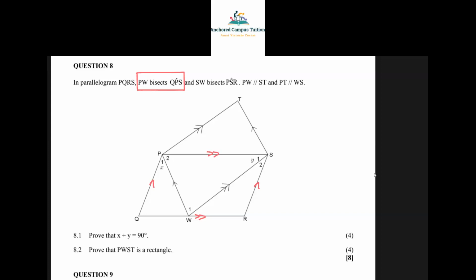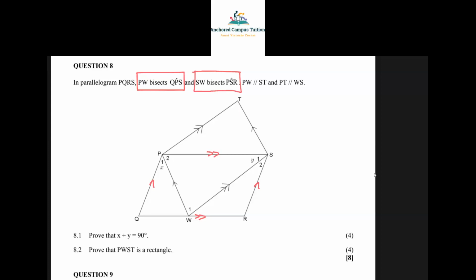That is the reason, the fact that PW bisects. And also here, SW bisects PSR. So with the first one, PW bisects QPS, it means P2 is also x. And as SW bisects PSR, it means S2 is also y.